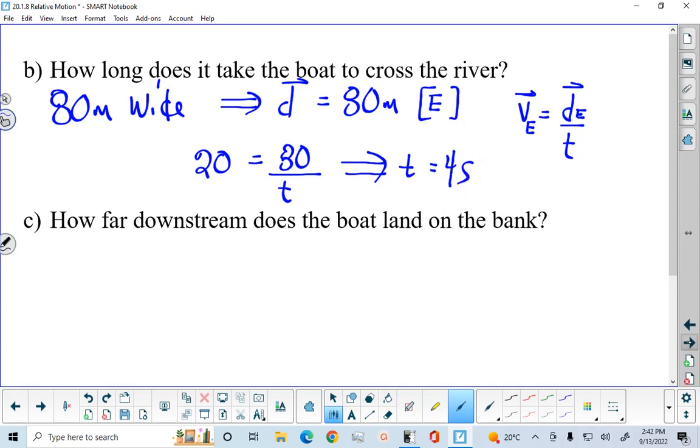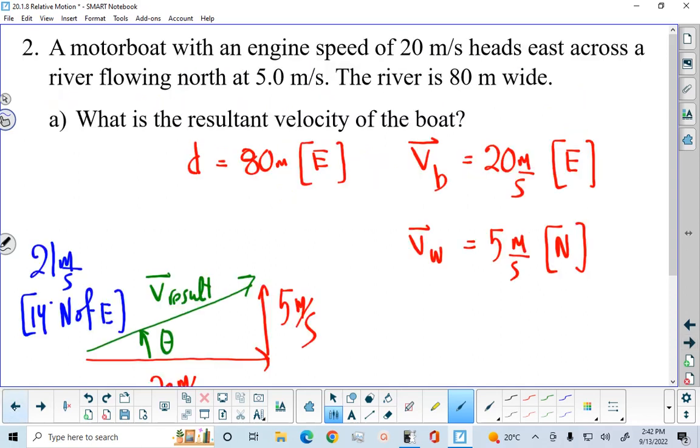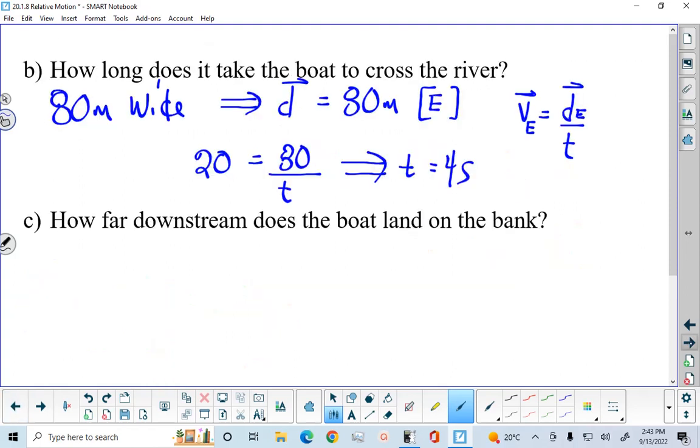Now, how far downstream does the boat land? Well, downstream, in this particular case, if you look at what's happening in the question, means to the north, because the river is flowing north. So the question is, how far does the boat get pushed to the north? Well, we can use speed equals distance over time, or velocity equals displacement over time.